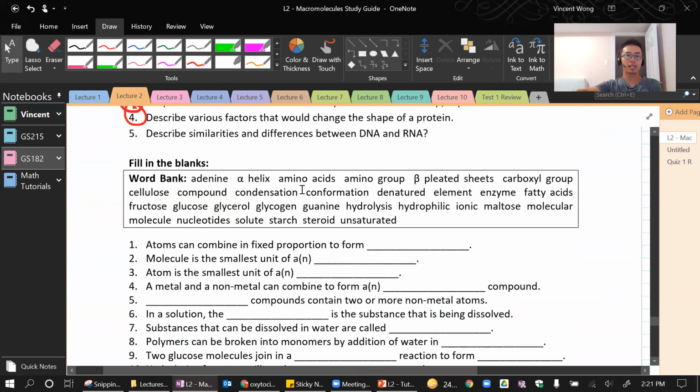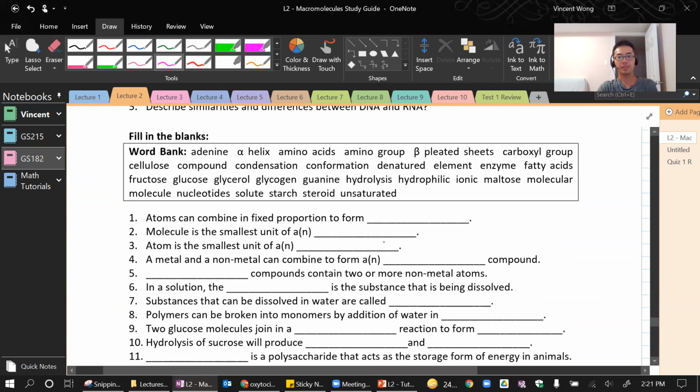We're going to finish with the fill in the blanks, and I'm going to send you off. Okay, so atoms can combine in fixed proportion to form compounds. Molecule is the smallest unit of a compound.